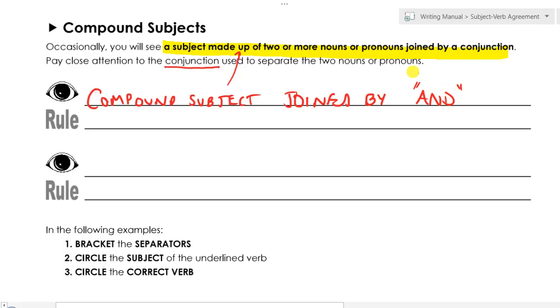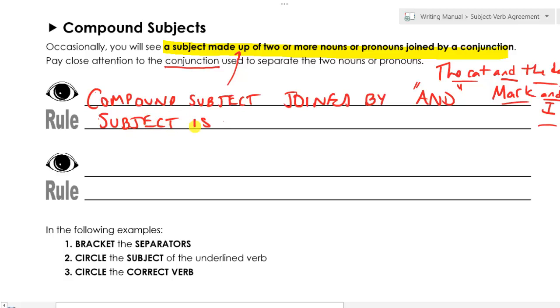If you see a compound subject joined by and, like the cat and the dog, or Mark and I, so two nouns, cat, dog, or a noun and a pronoun, Mark, I, joined by and, the rule is subject is plural. Verb must be plural. Compound subject joined by and, subject's plural, verb has to be plural.